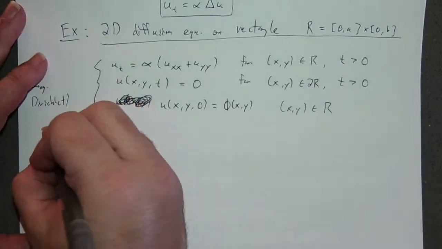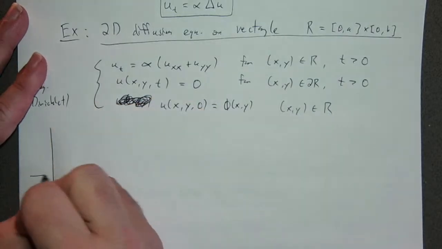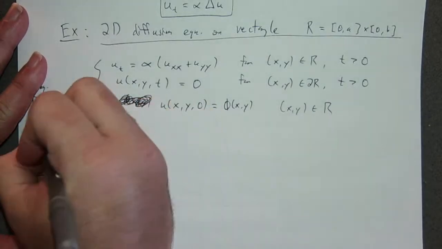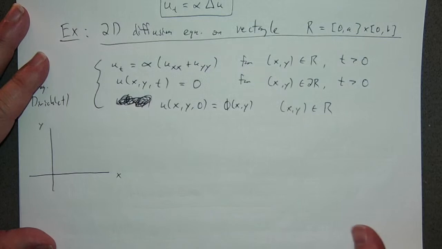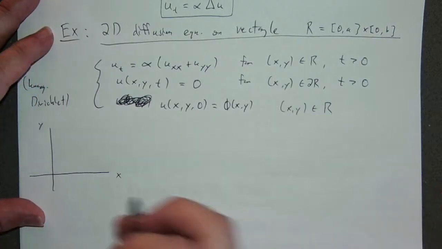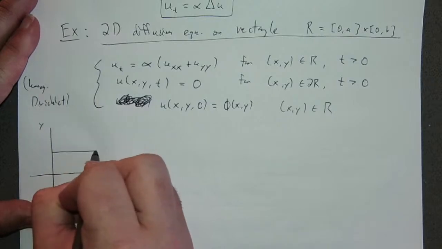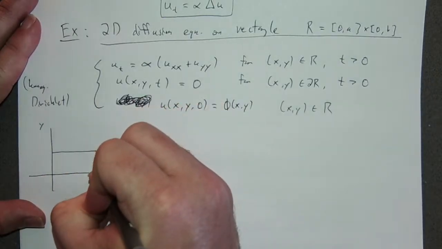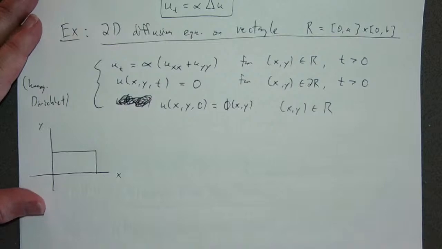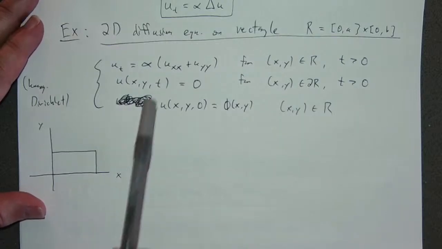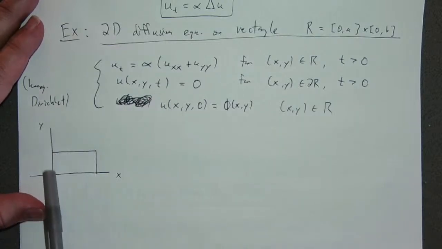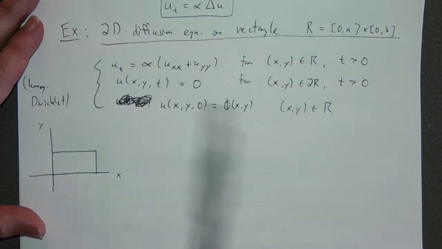Physically, how would you describe this? Here's my xy plane. What do I have going on here? I could think of this as being a sheet, like a metal sheet. And if I'm thinking about this as heat, this is saying that my temperature distribution on the boundary is 0 everywhere.